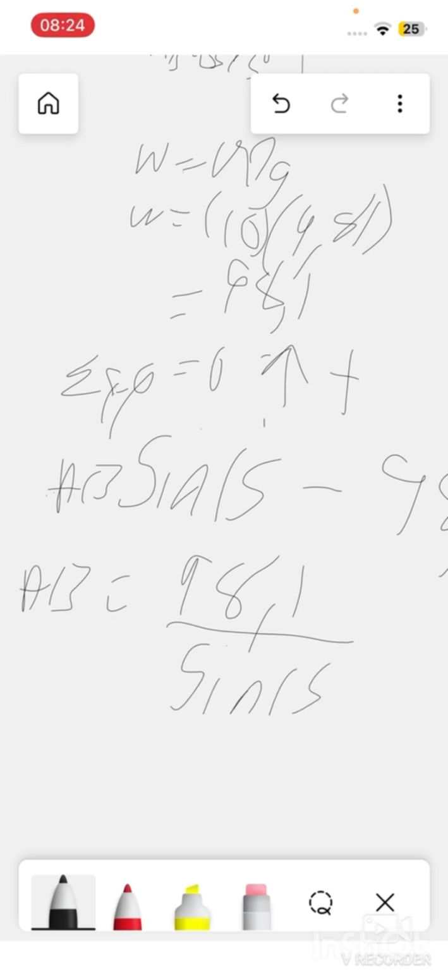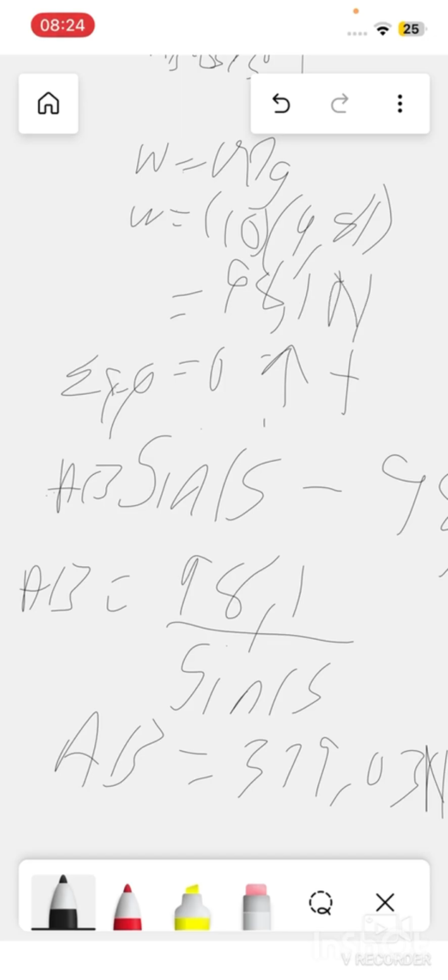Let's take the calculator. 98.1 divided by sine 15, you close the 15 in brackets. Therefore, our AB is 379.03 Newton. This is a force, and it must have units of Newton.